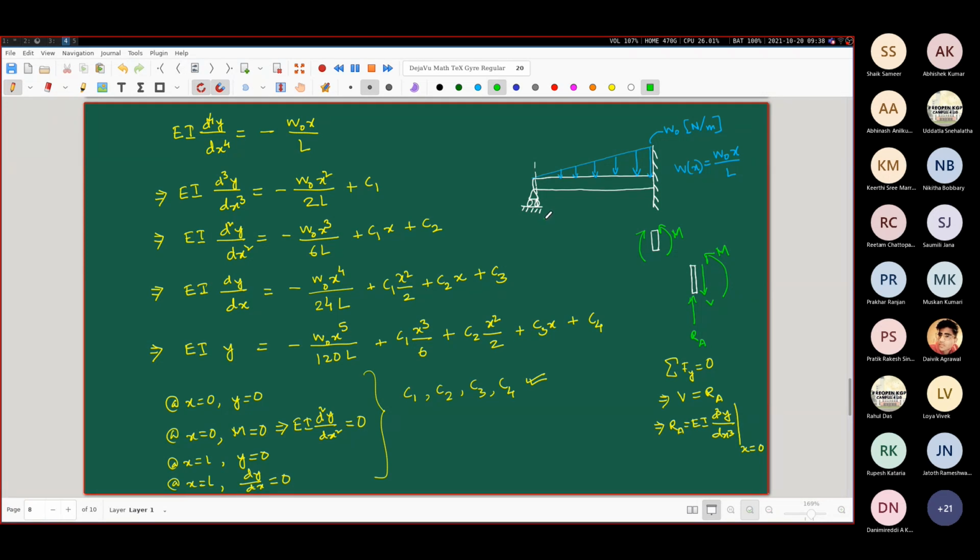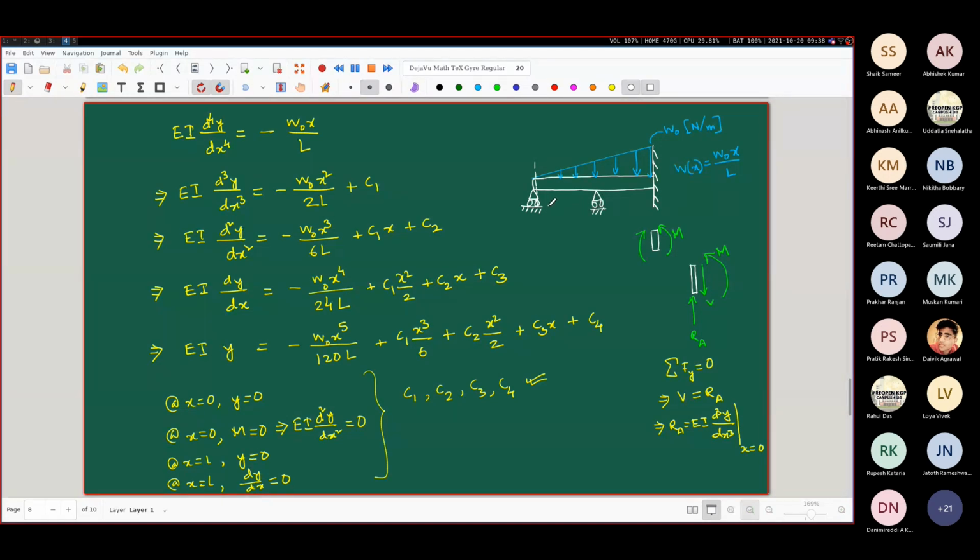It can so happen that our statically indeterminate case is set up in such a fashion that the number of unknowns is more than that. For instance, this same problem could have been set up with another roller support in the middle, in which case you will have in total 5 reaction unknowns, but you have 3 equations. So in order to determine that, you will need extra conditions.